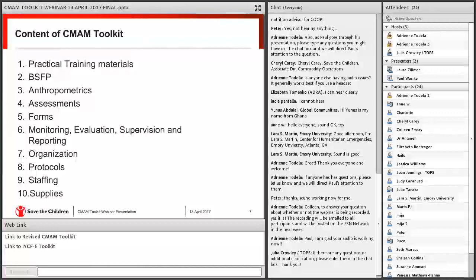Then organization, how to organize a CMAM program, the different components, how to organize an OTP, SFP, stabilization center, etc. And if I'm using too many acronyms, please, you can drop a message there. But SFP is a targeted supplementary feeding program, which is like the sister to blanket supplementary feeding program, meant to treat moderate acutely malnourished children and pregnant and lactating women.